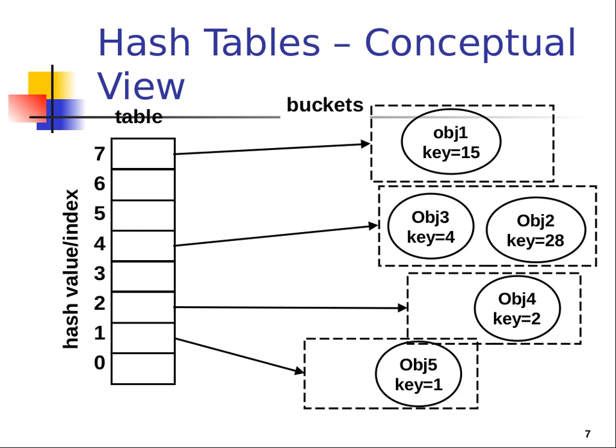So in this example, index 7 is storing object 1, which has a key of 15. Notice that the key of 15 is greater than the length of the entire array. Index 6 and 5 are empty, but 4 is mapping to 2 objects with 2 different keys. Index 3 is empty, index 2 and 1 only have one object, and index 0 has no object.